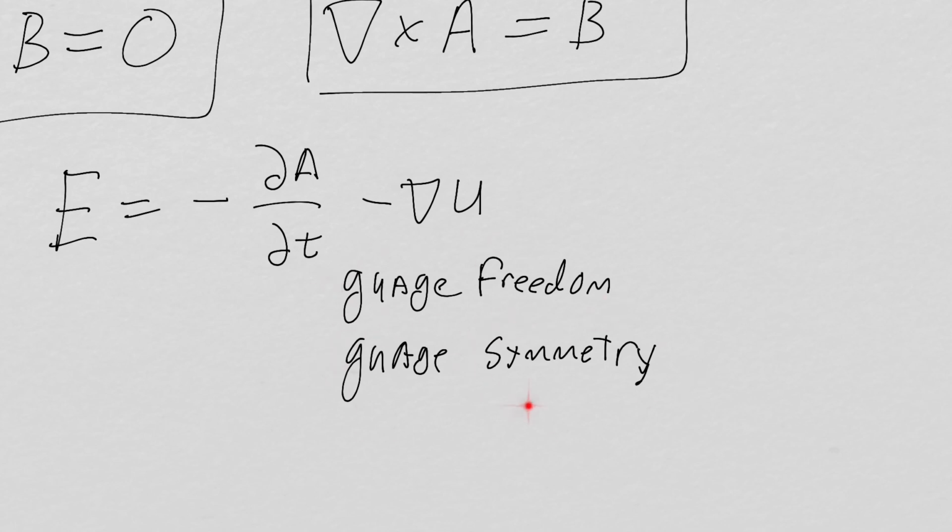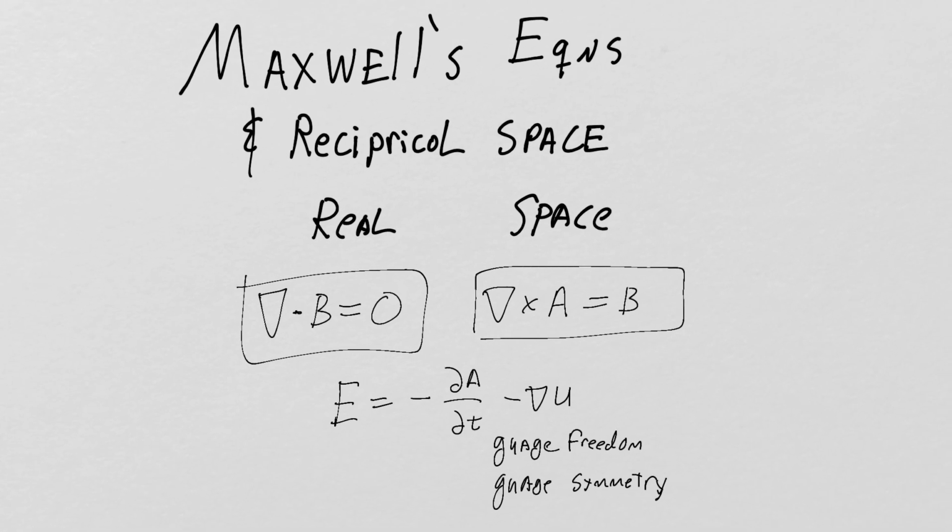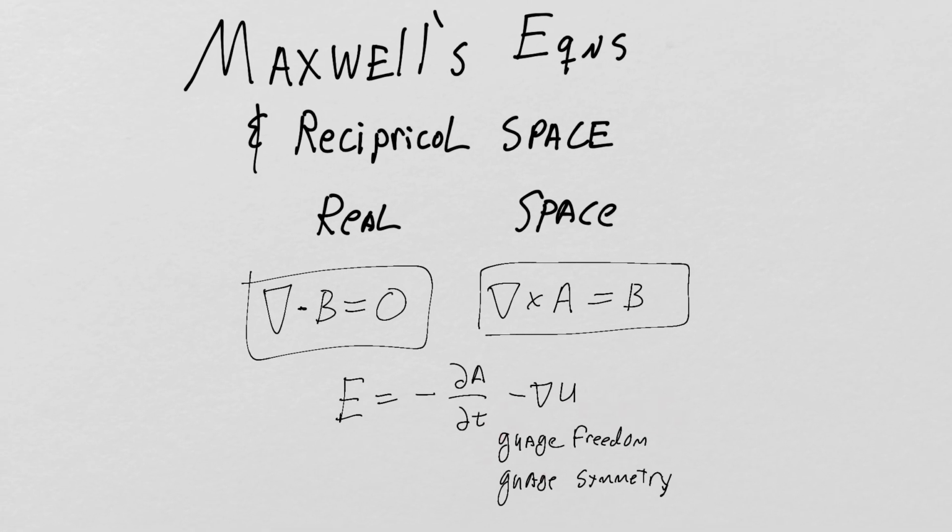Gauge symmetry talks about symmetry, and symmetry is a big deal in physics, so we better be very precise about what we mean. So we'll talk about that when we get to our section on gauge freedom, especially in electromagnetism. But this is a very important topic that we have to learn, and we have to, of course, get to our idea about studying Maxwell's equations in reciprocal space.